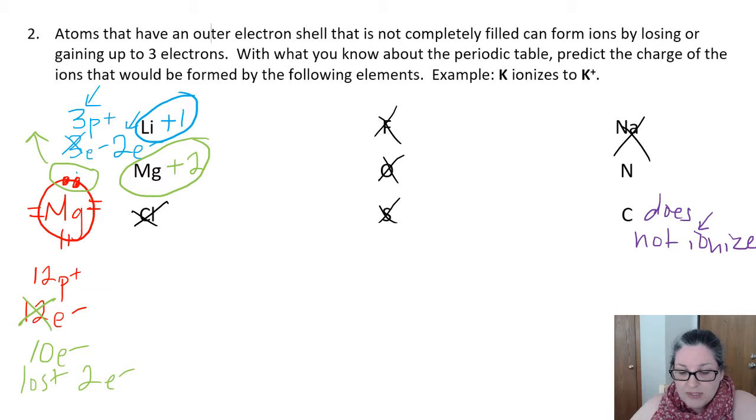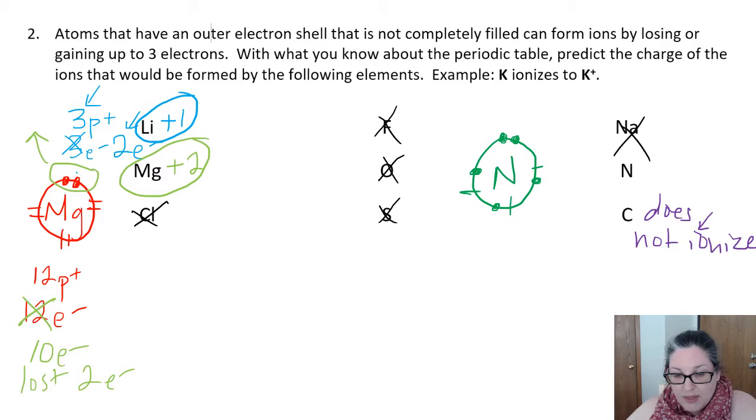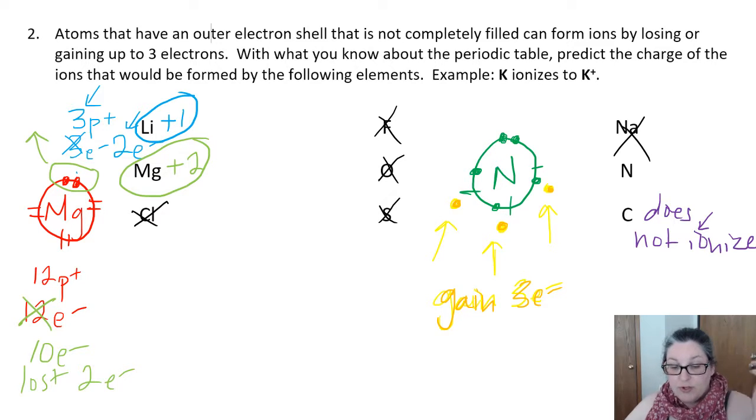And nitrogen is very similar. I'm going to draw it over to the left, except it has its atomic number 7. So it has 5 electrons in its outermost shell, and it's going to gain 3 electrons from some source or multiple sources. Gain 3 electrons. So as it gains them, its charge is going to go down. Remember that electrons are negative.